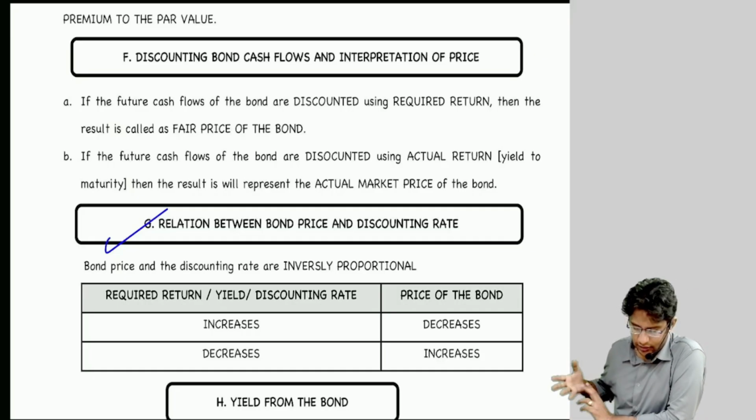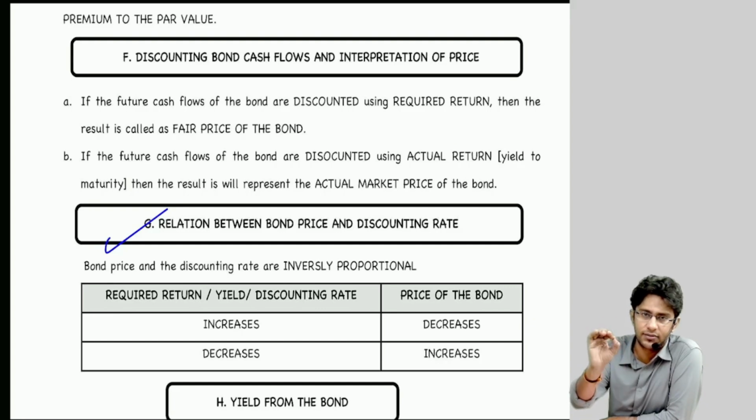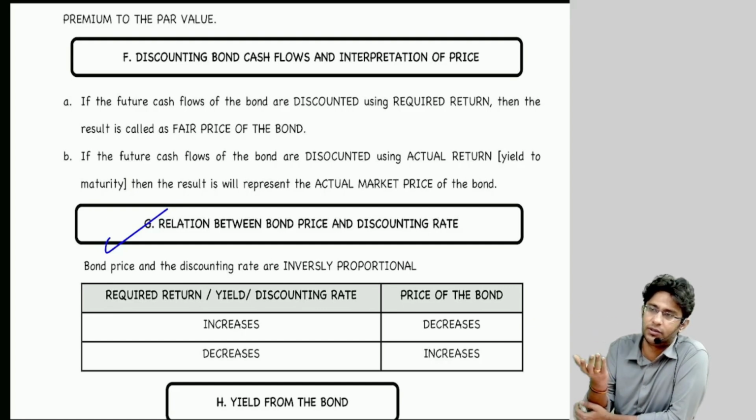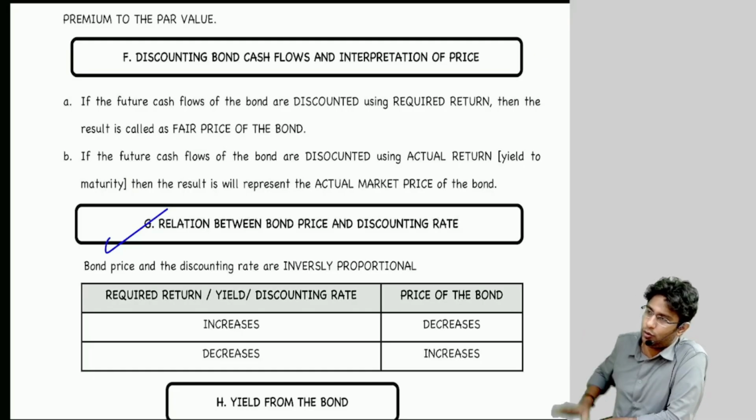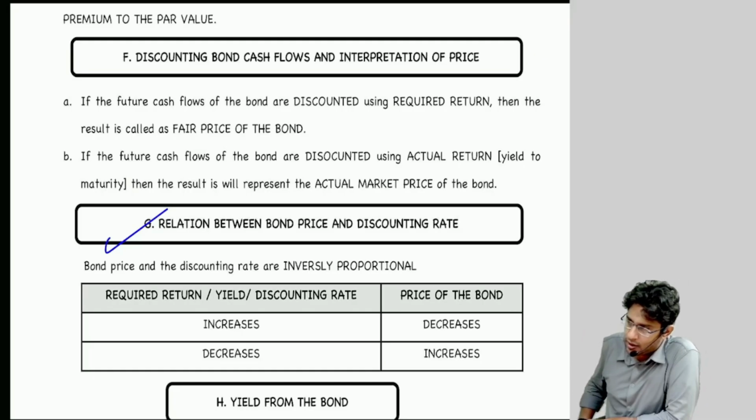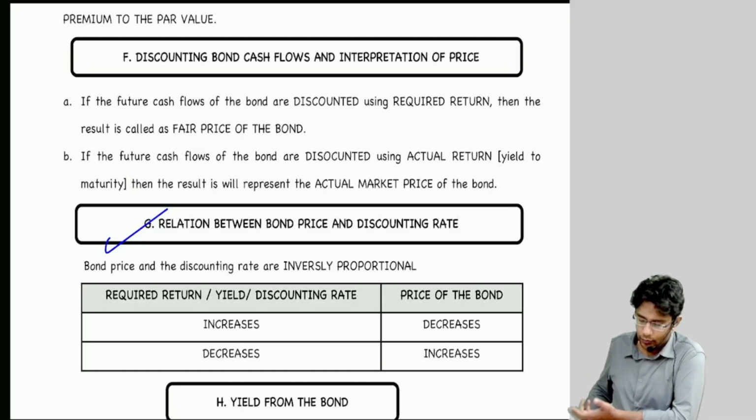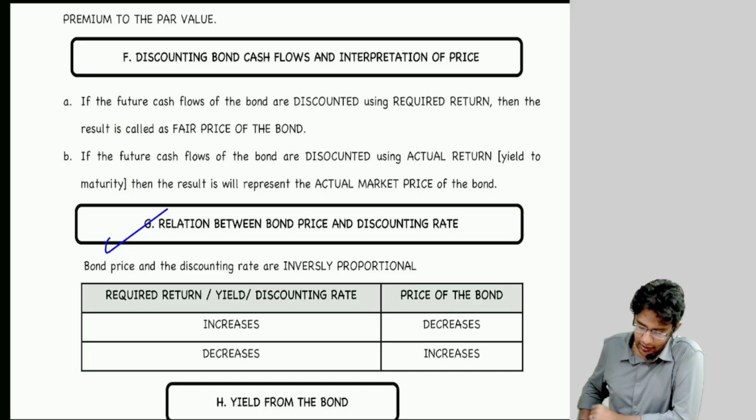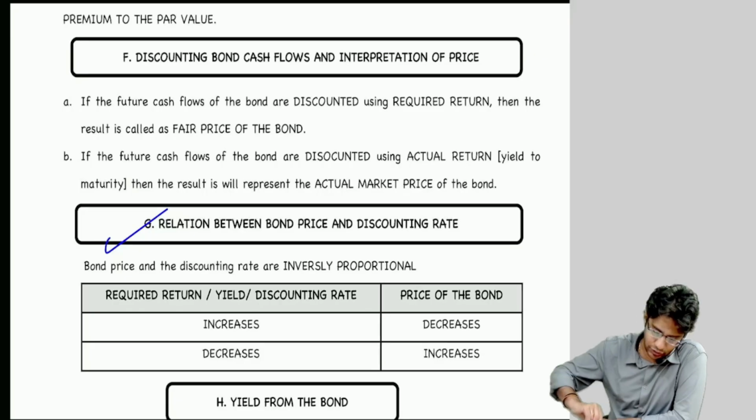Required return, yield, discounting rate, whatever name you give. If you increase the discounting rate, present value will decrease. Discounting means deducting, as I told you while doing the time value of money concept. So if you deduct more, obviously the price of the bond will fall today. If required return decreases, then bond price will increase. Inverse relationship.